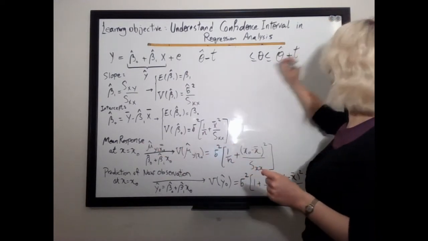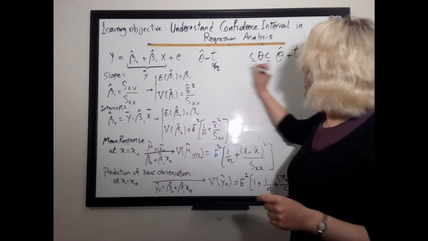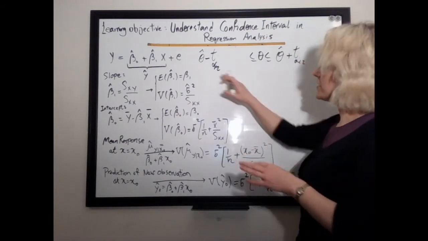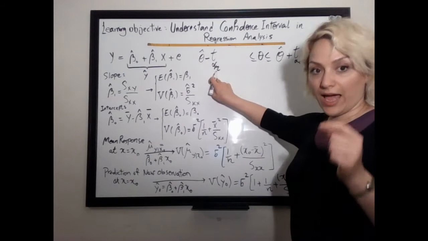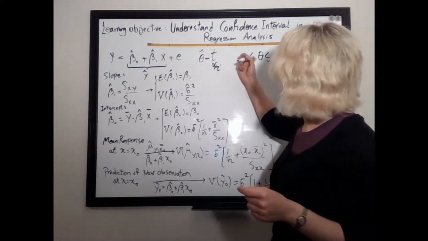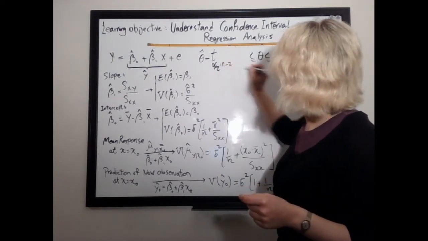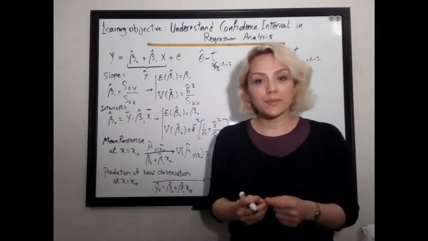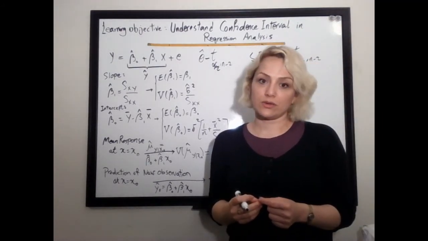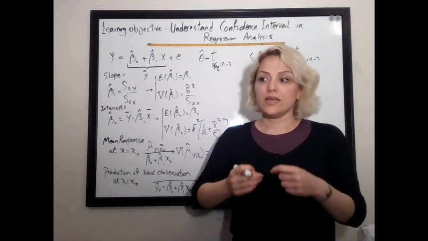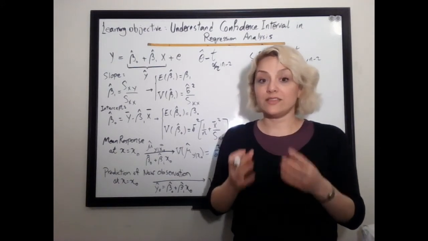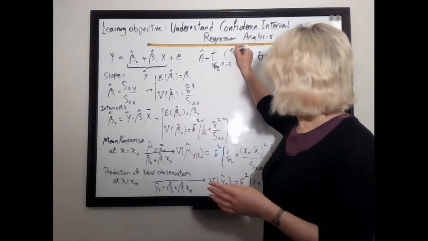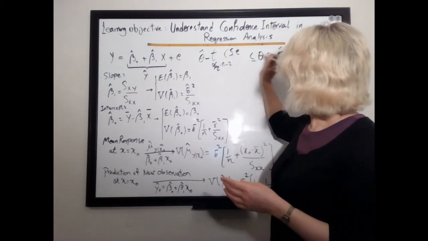Based on the value of alpha, two-sided, it's going to be T at half of alpha, and the degrees of freedom are n minus 2 here. And then we multiply it by the standard error. That's the only part that is different for these. The same equation, so it's going to be the standard error of this theta estimate.